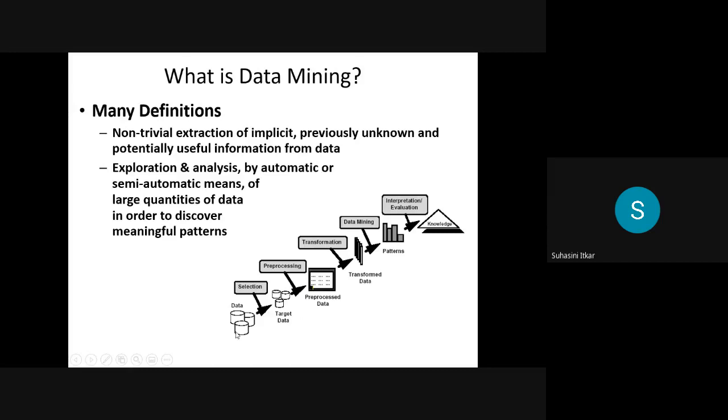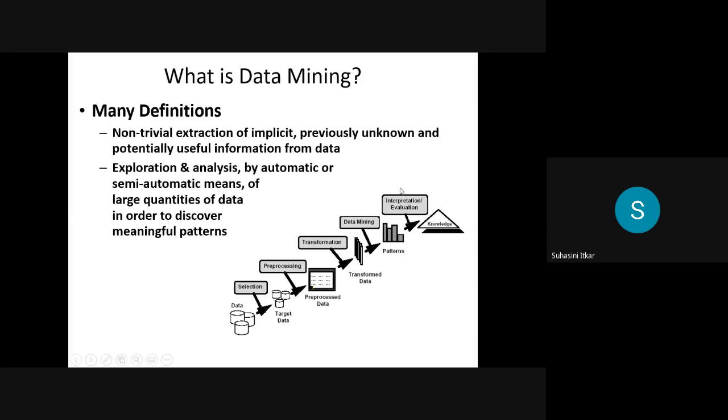And which are the steps? The data is collected, selected, and pre-processed. After pre-processing, it is preserved in the data warehouse if required. Then the data mining techniques are applied and the patterns are generated.